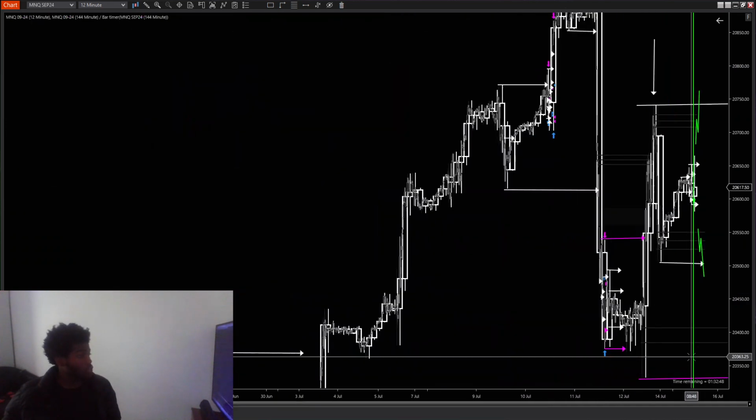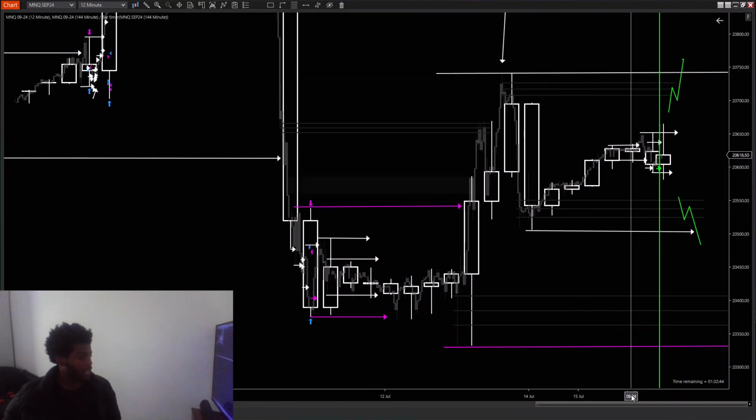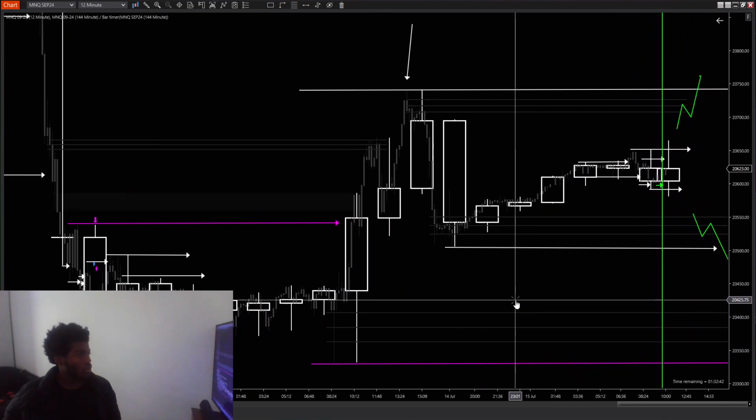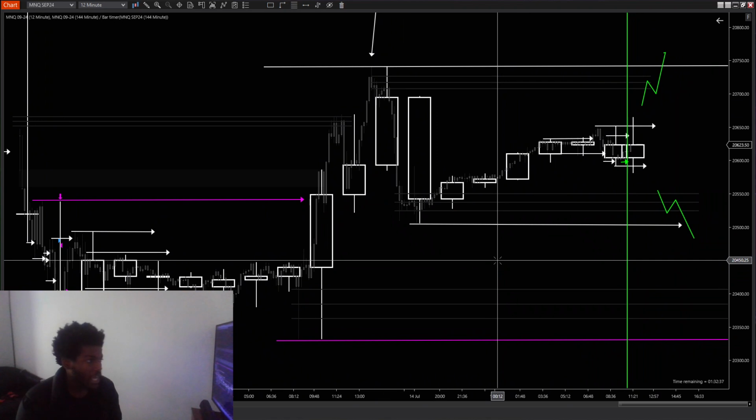So what I usually do is I zoom in now. I zoom into the open, high, low, and close. I should be able to see the open, high, low, and close of each candle clearly. That's what I mean by zooming in. And when I zoom in, it's all about mapping higher time frame levels.